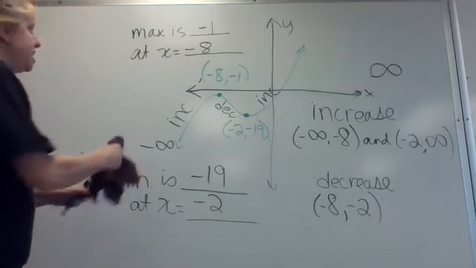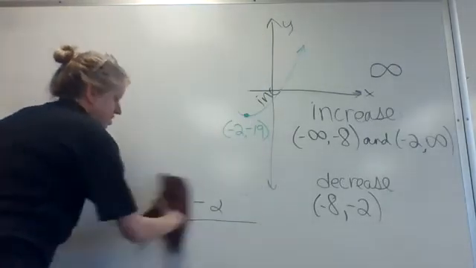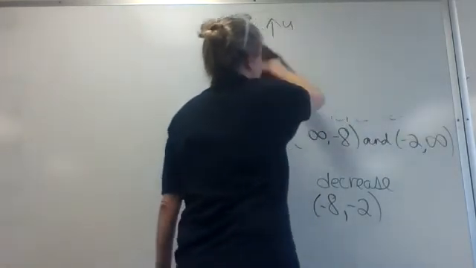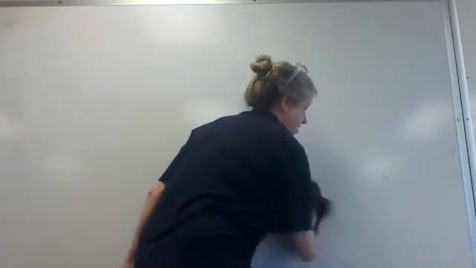All right, 23 is another piecewise function, and it's going to ask us which piece the number goes in, and then it's going to ask us to actually plug it into that piece.